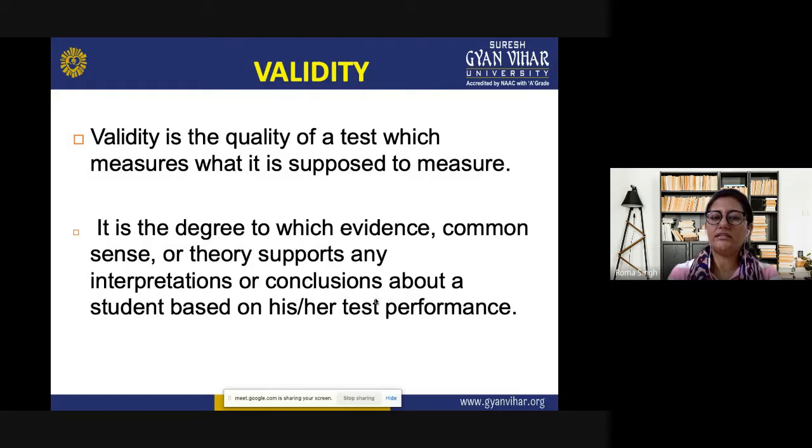So validity is the quality of a test which measures what it is supposed to measure, for which this test has been prepared. Is it measuring that aspect only? It is the degree to which evidence, common sense, or theory supports any interpretations or conclusions about a student based on his or her test performance.